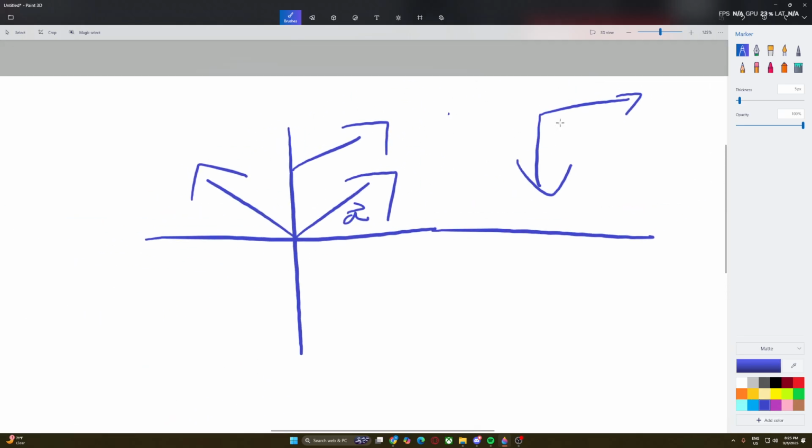Or alternatively, I can move this vector to the origin where A is at, and this is it.